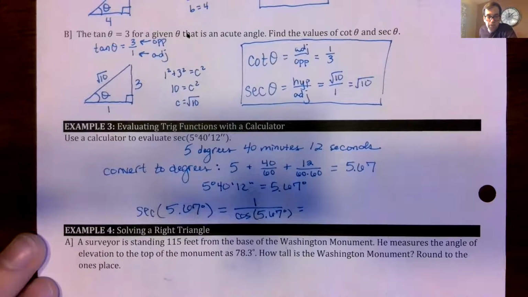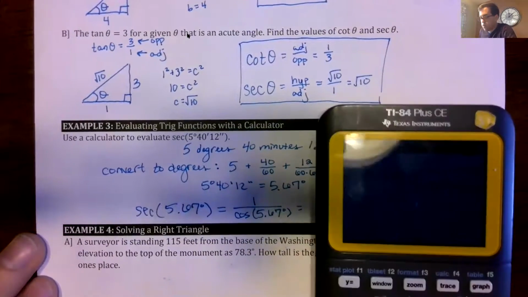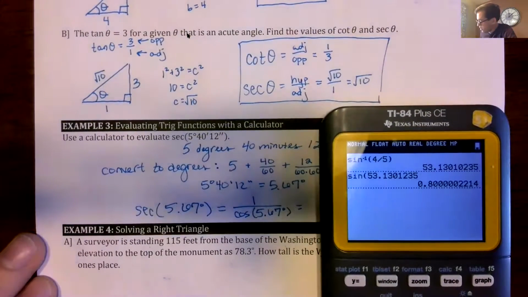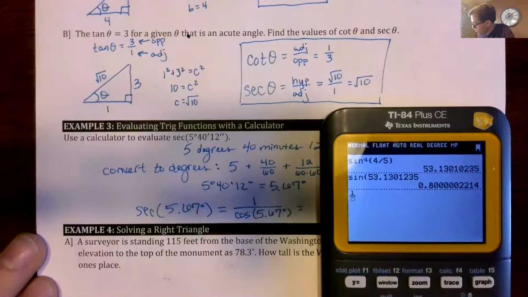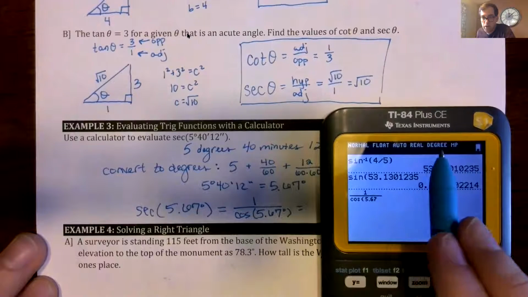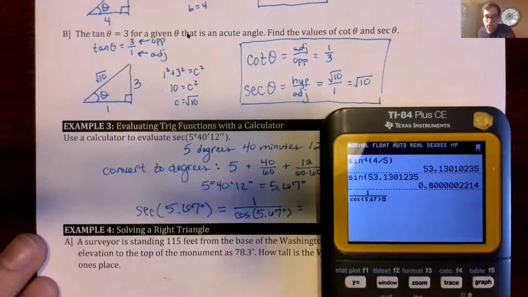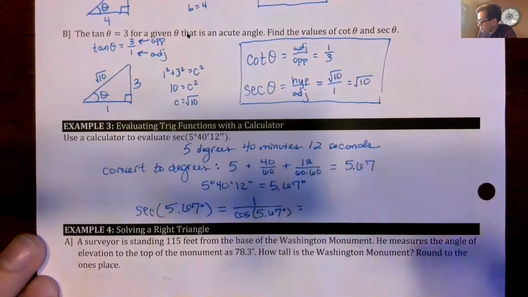But secant's the reciprocal of cosine, so this will work. So on our calculator, we're going to type in 1 over the cosine of 5.67. Notice I'm in degree mode, so I don't even have to put the degree symbol. It's already assumed since we're in degree mode. I press enter, so we get 1.0049.